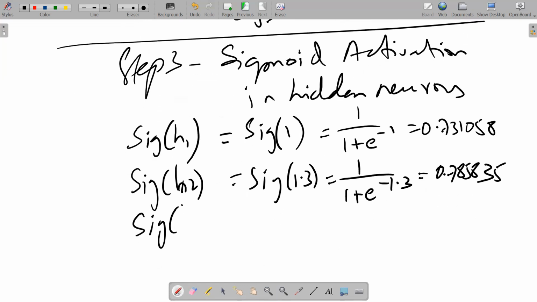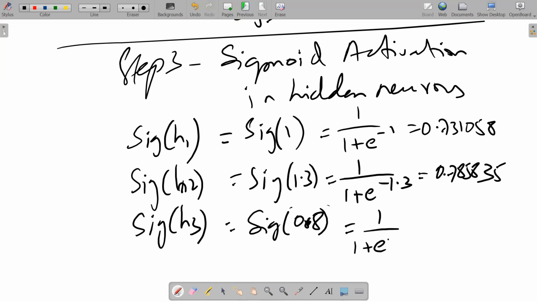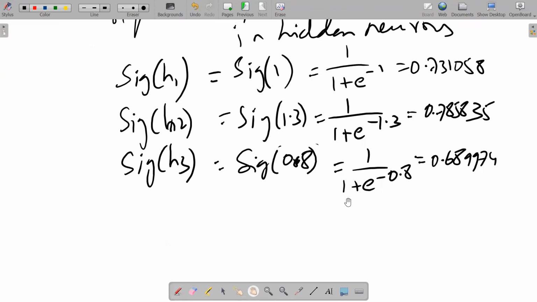Sigmoid of H3, sigmoid of 0.8, 1 by 1 plus e to the power of minus 0.8, you will get 0.689974. So these are the sigmoid activation values.